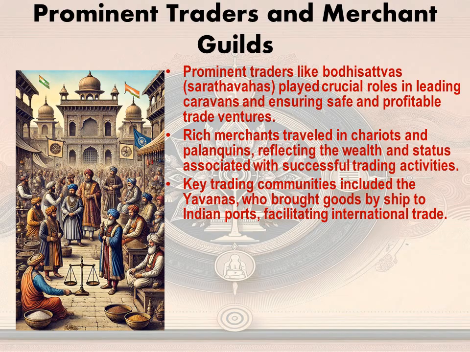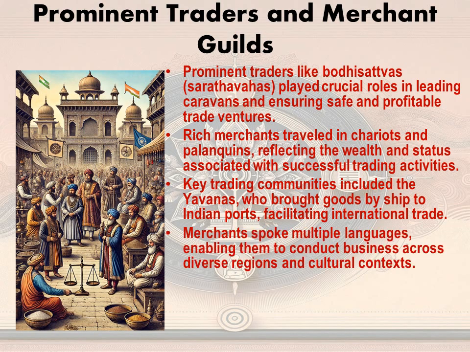Key trading communities included the Yavanas, who brought goods by ship to Indian ports, facilitating international trade. So, main trading communities were the Yavanas. Yavanas had Greek heritage in them, and they brought goods by ship to the Indian ports.